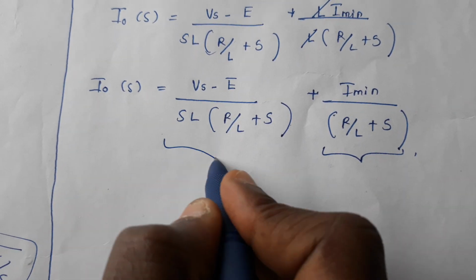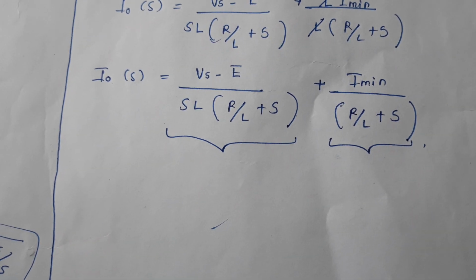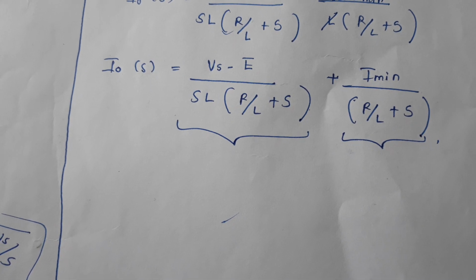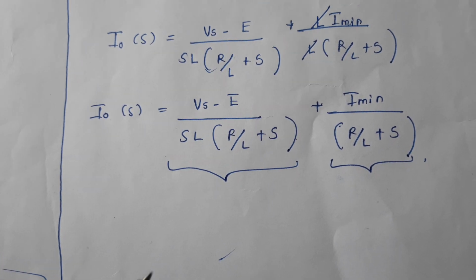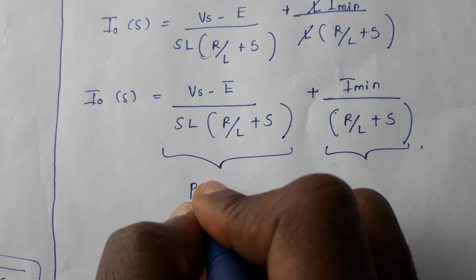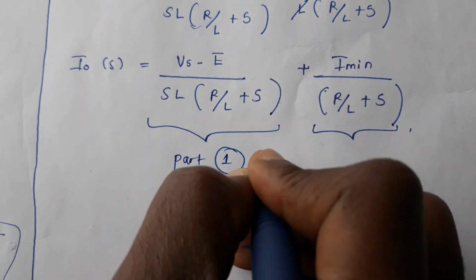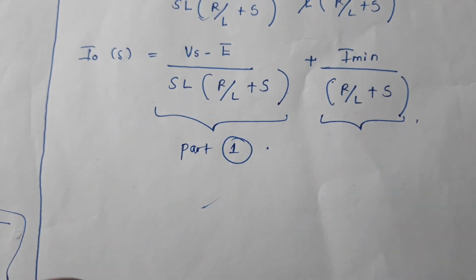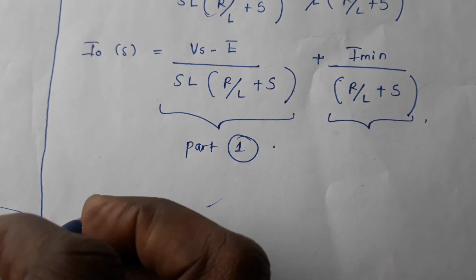However, for this other part, we have to employ partial fraction decomposition so as to obtain the inverse Laplace transform. So let me just say that this is part 1. Let us see how we are going to obtain the inverse Laplace transform of part 1 using partial fraction decomposition.